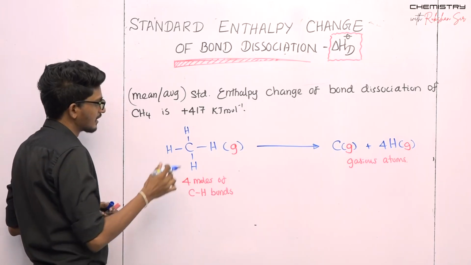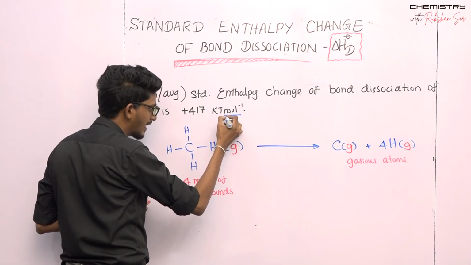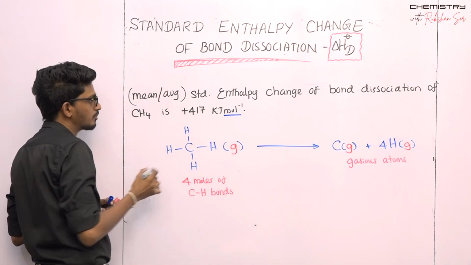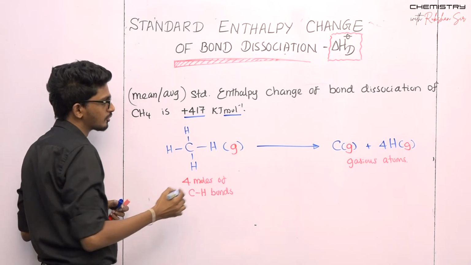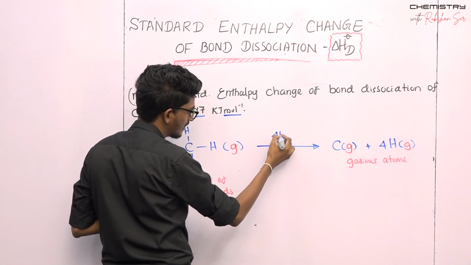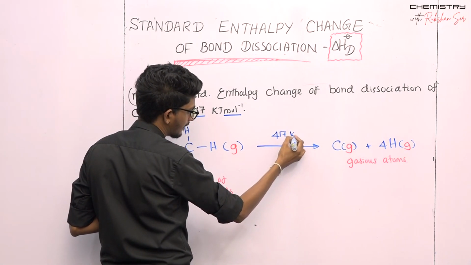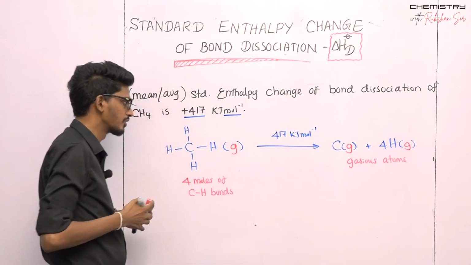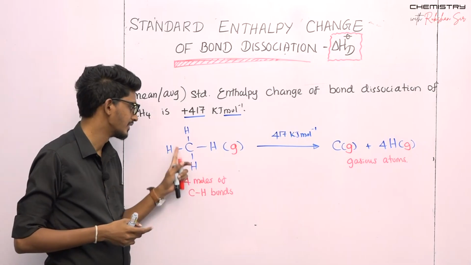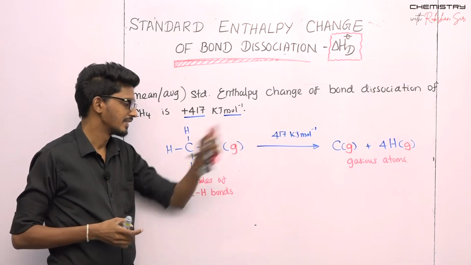So this says to break 1 mole of CH bonds, you need to apply 417 kilojoules per mole. So 417 kilojoules per mole will be applied to break 1 mole of CH bonds, but you need to break 4 CH bonds to come up with that state.